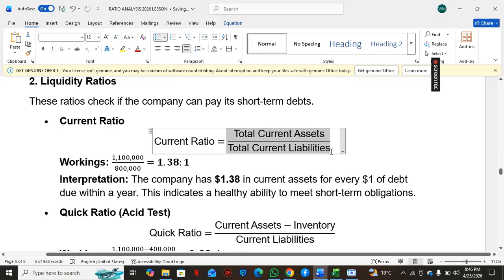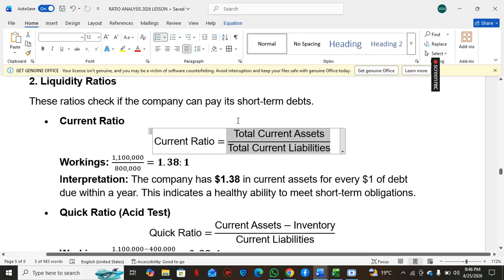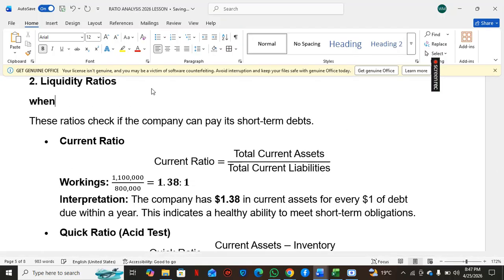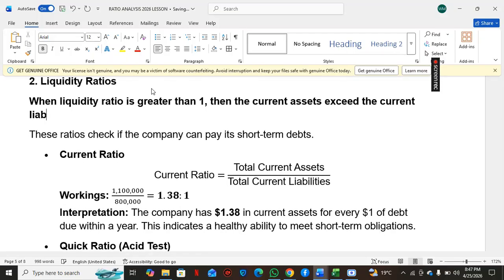These liquidity ratios, you want them to be always greater than one. When a liquidity ratio is greater than one, you just remember this, colleagues, the current assets exceed the current liabilities, meaning the company is liquid enough.